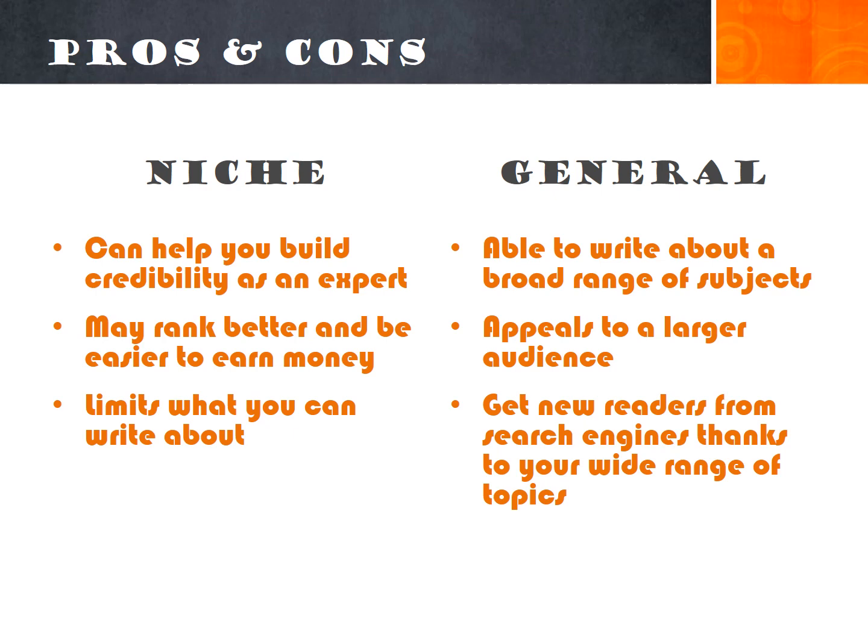And that's where you're going to get a lot of your traffic and discover new audience, because you get new readers from search engines thanks to the wide range of topics that you blog about. Okay, so there's a lot of leeway in there, it gives you a lot of room to grow.